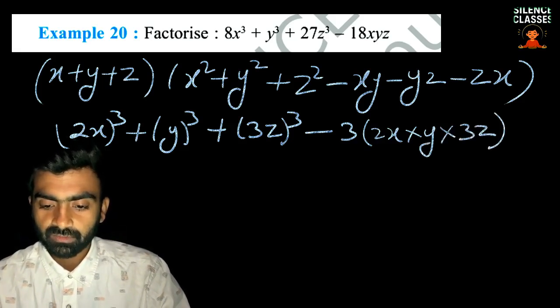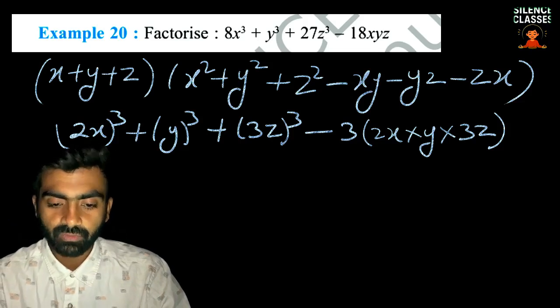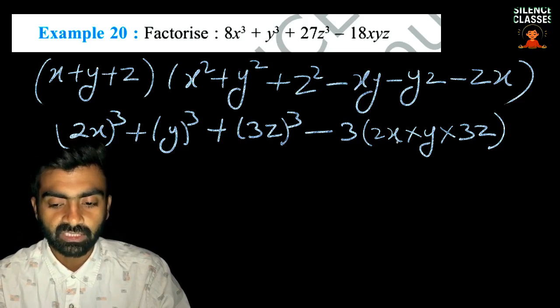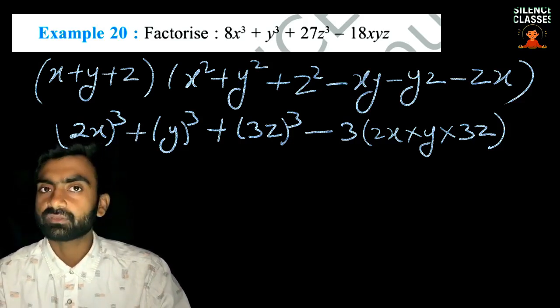So we will get 3 times 3 is 9. Once I open the bracket, we will get this particular equation only, means 3 times 2 is 6 and 6 times 3 is 18xyz, and we will get the sign of subtraction also.